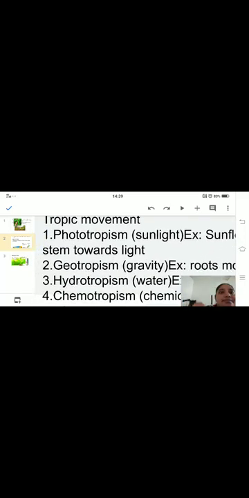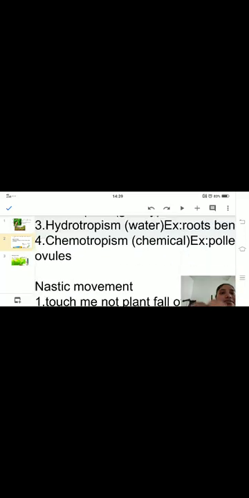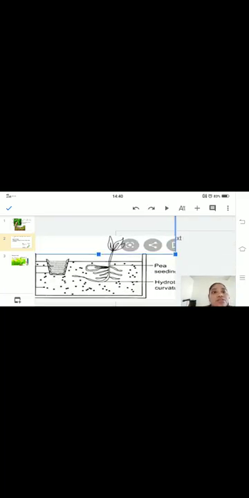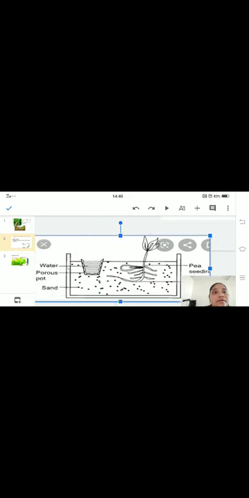Clear? Okay, now let us move to the next one. Hydrotropism. A plant moves towards the water. As you can see here, water is present here, and the roots have been traveling towards the water.